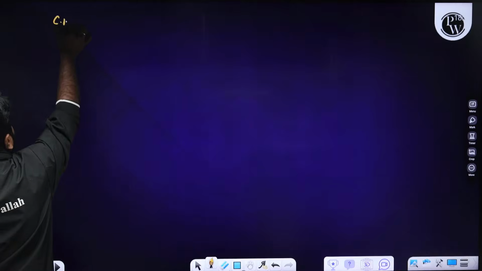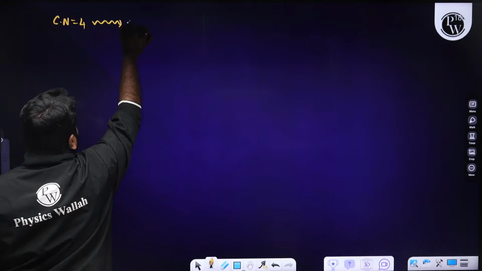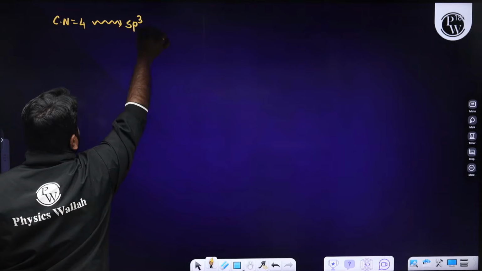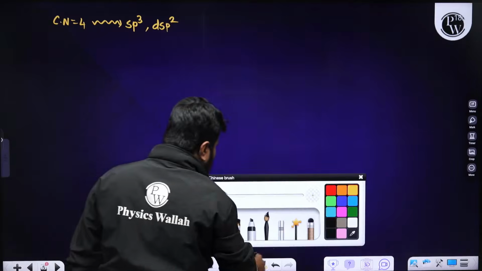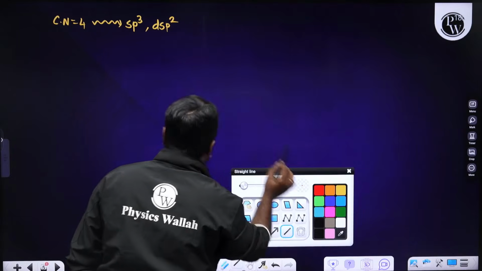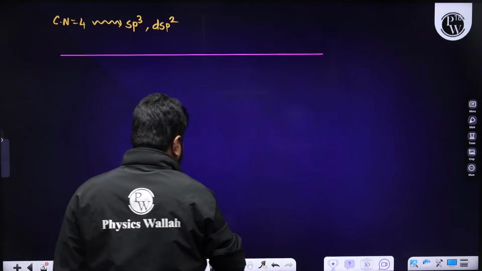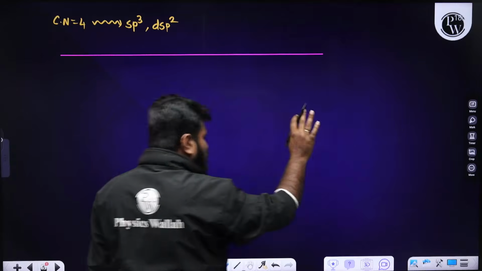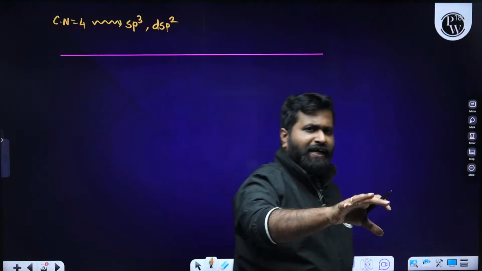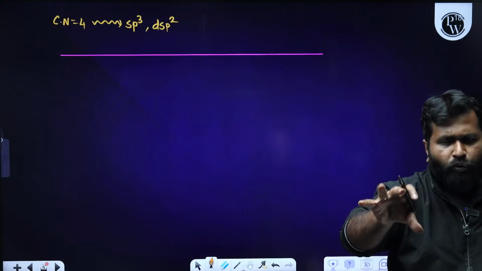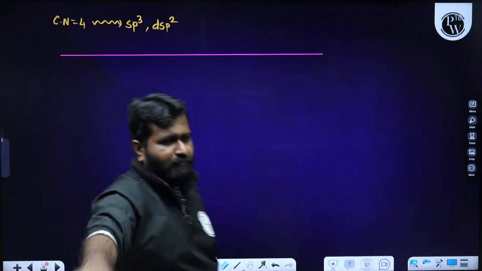As I told in the beginning, coordination number 4 means two hybridizations are possible. It can be sp3 or it can be dsp2. What is the shortcut? The same shortcut only, my dear students. First, we need to find out the central metal ion, its respective oxidation state, and in that particular oxidation state, how many d electrons are present?